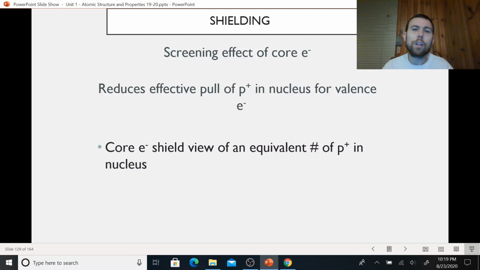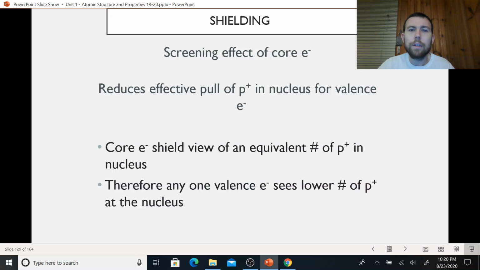Now, the core electrons shield the view of an equivalent number of protons in the nucleus. If we break that statement down, that means that any one valence electron is going to see a lower number of protons at the nucleus, okay?